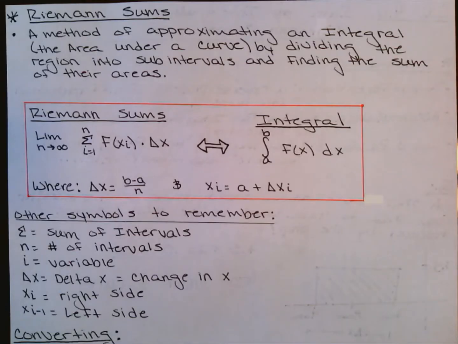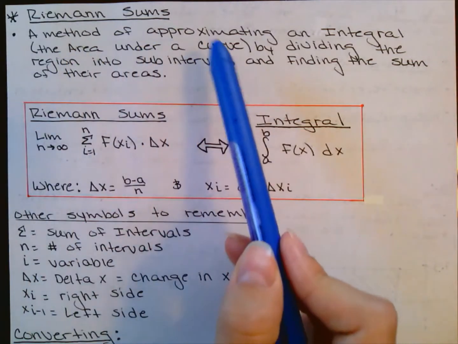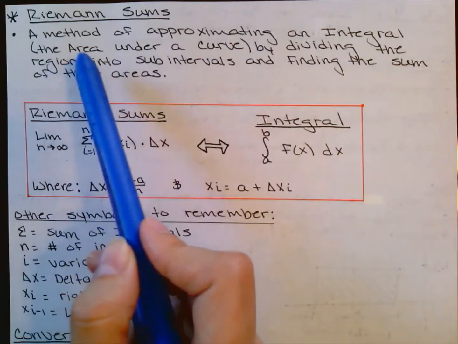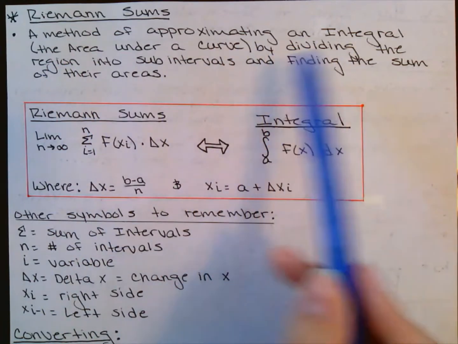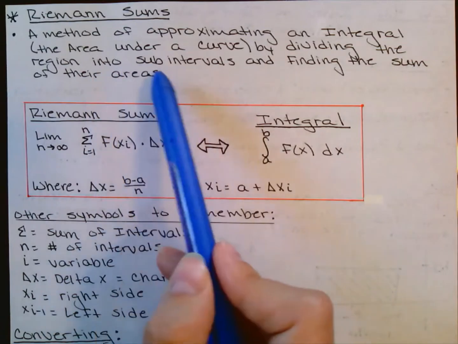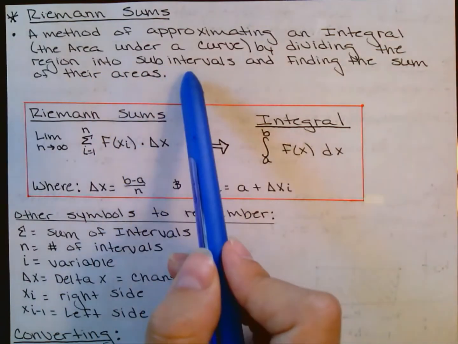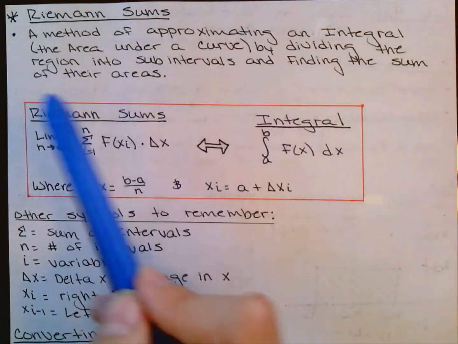Let's talk about Riemann's sums a little bit. Now, the guy's name was Riemann. It's called sums because he started taking the area of all of these rectangles, and the sum means to add. He started adding them together to get that total area under the curve. So a formal definition of Riemann's sums is a method of approximating an integral, which is the area underneath the curve, by dividing up the region into a bunch of subintervals, meaning all those little rectangles, and then finding the sum of their areas.